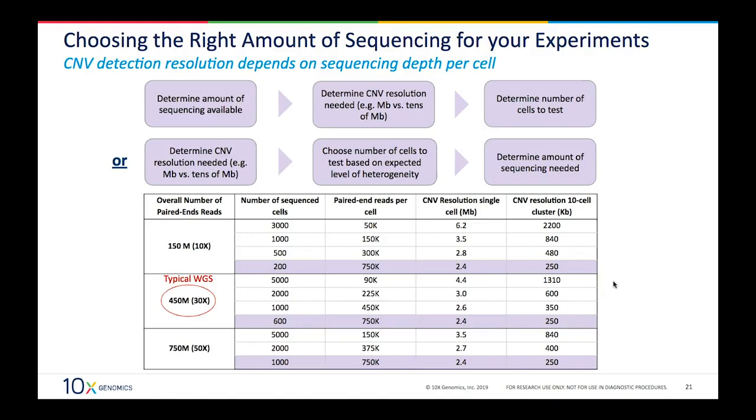So to recap, if you load more cells, it allows you to sample more of your population, but at a lower resolution. If you load fewer cells, it allows you to get more depth and to have a much higher resolution for your copy number variation calling at the single cell level.